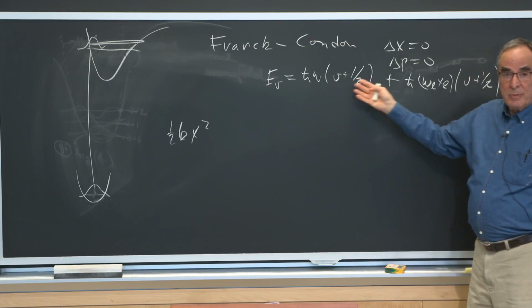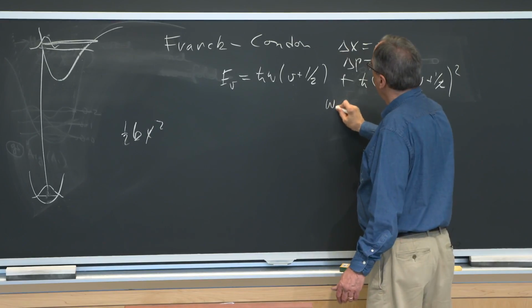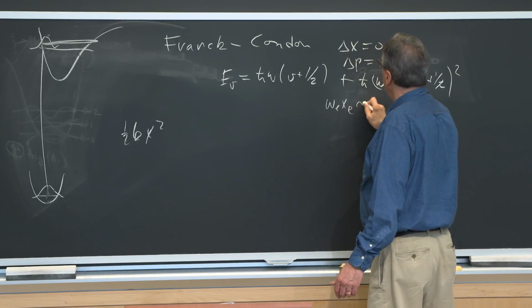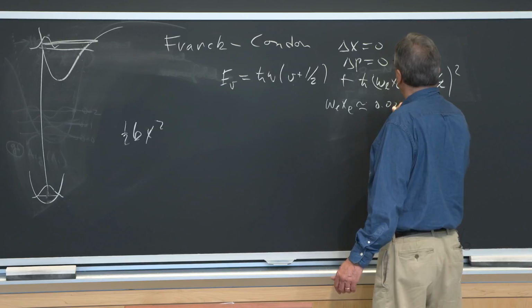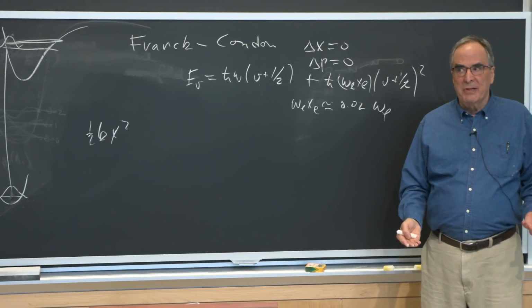So we have a linear term and a quadratic term. And this omega e x e is on the order of 0.02 times omega e, 2%. So it's a small thing.